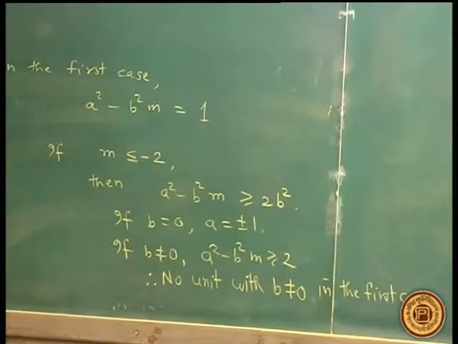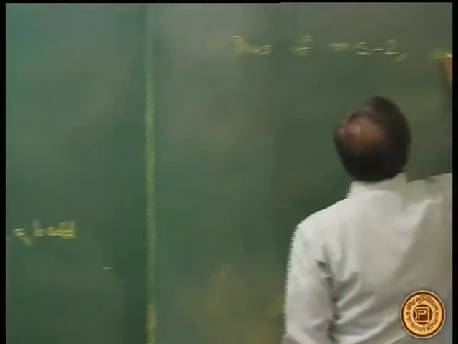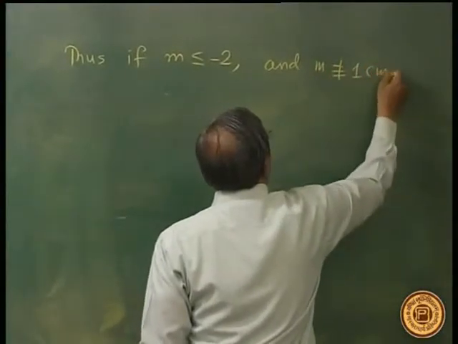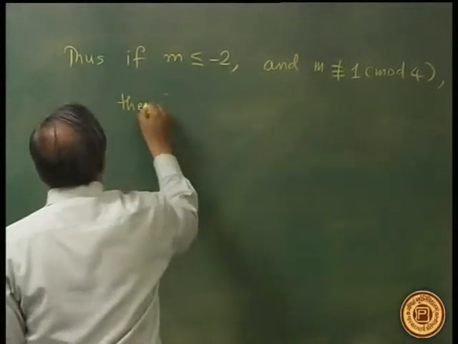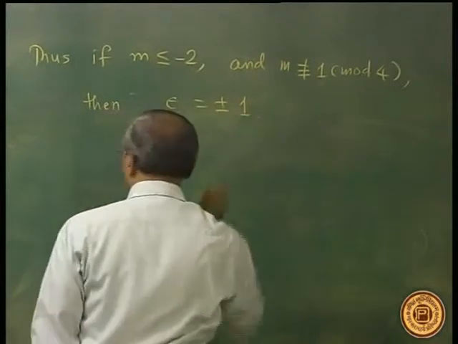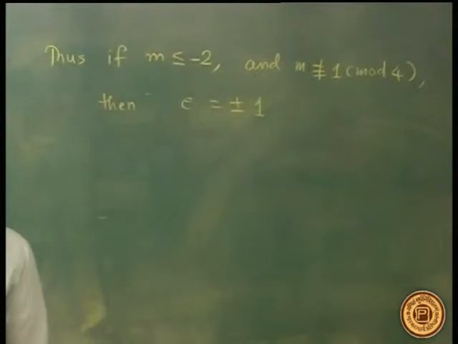Thus, if m is less than or equal to minus 2 and m not congruent to 1 mod 4, then epsilon equal to plus or minus 1. Okay, this is the only possibility.